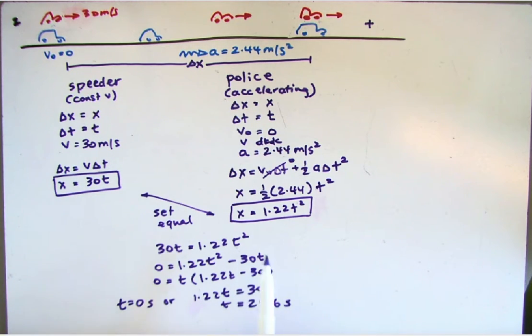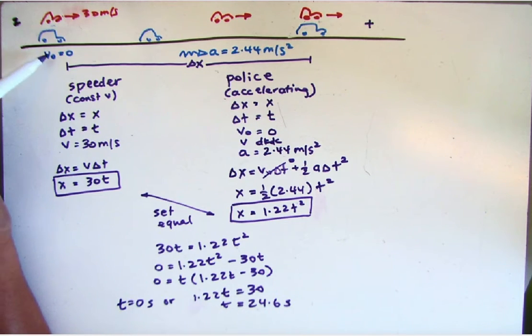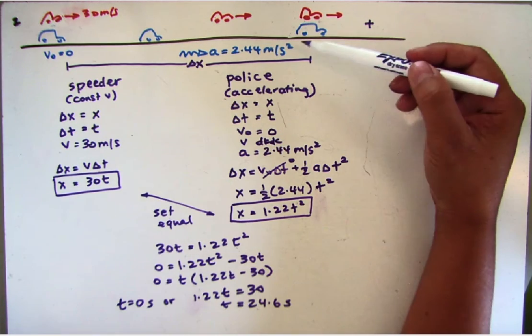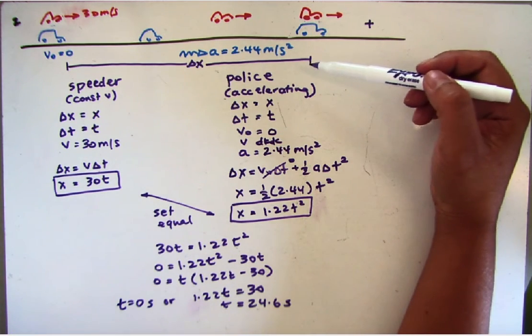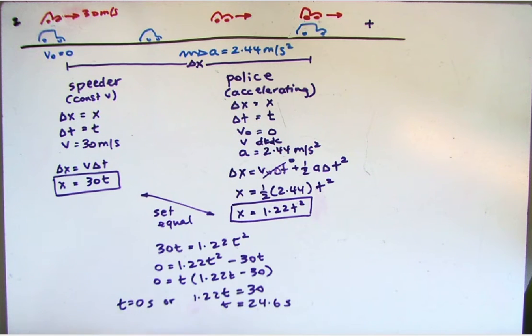What these equations are telling me is that the time at which the police car and the speeding car have the same delta x, or the same position, is either at 0 seconds or at 24.6 seconds. It makes complete sense because they are at the same position at t equals 0. They're both at 0. And at 24 seconds, they're both at this distance, delta x. So the answer to this question, where does the police car overtake the speeding car, is after 24 seconds.